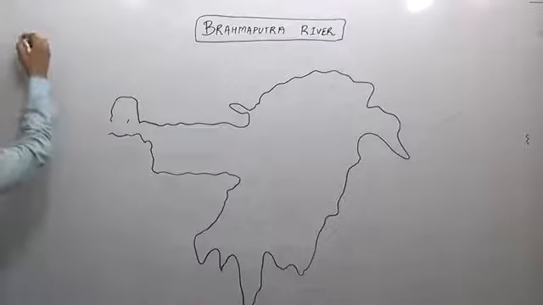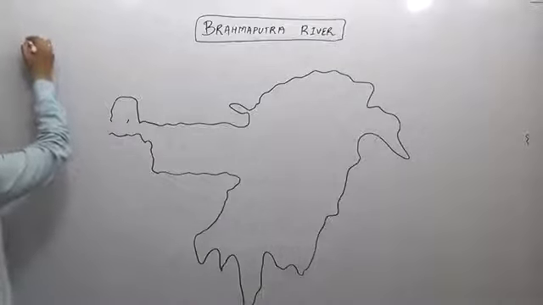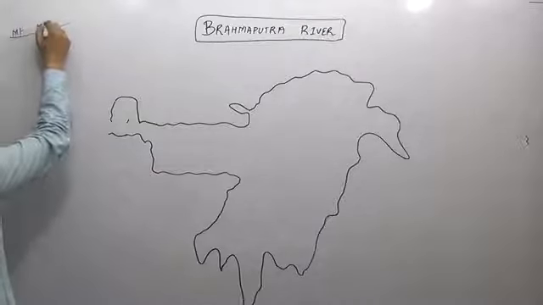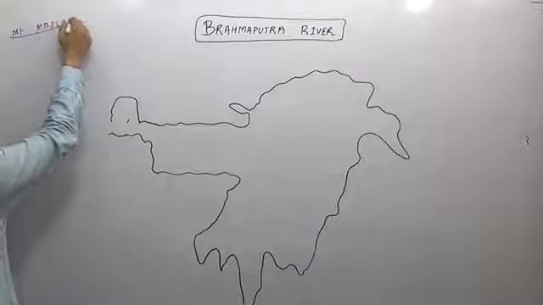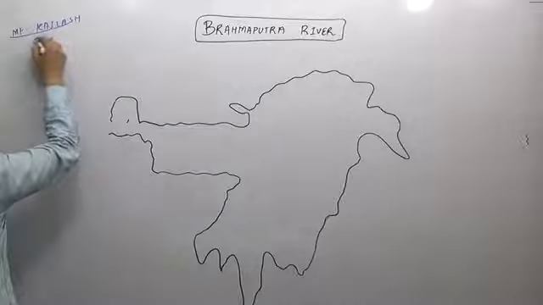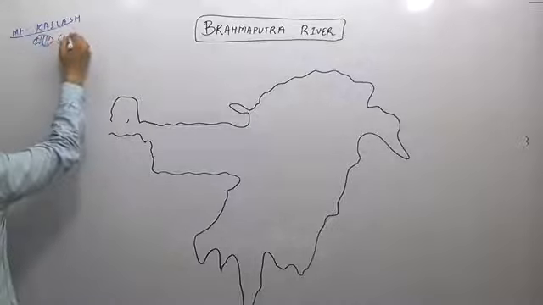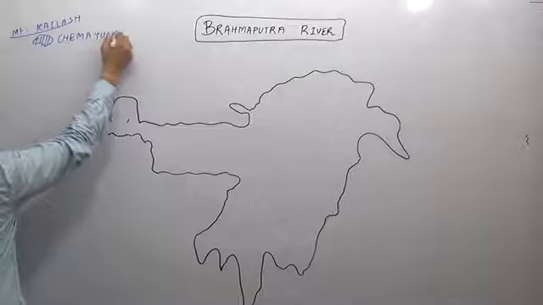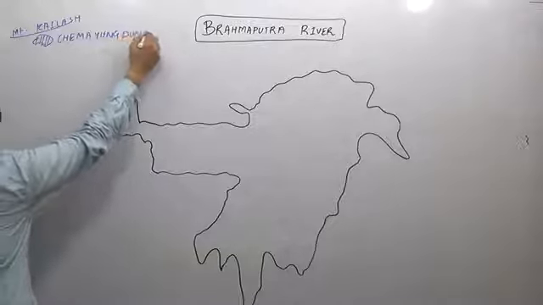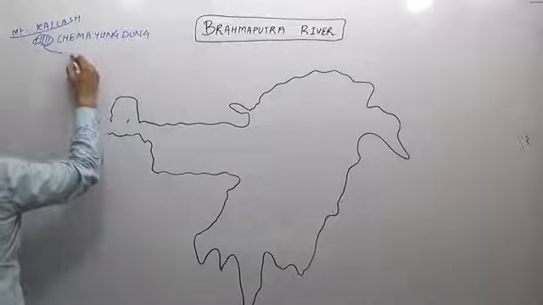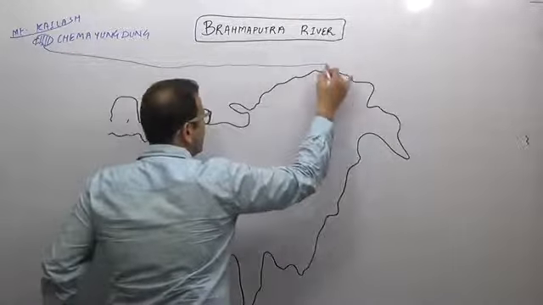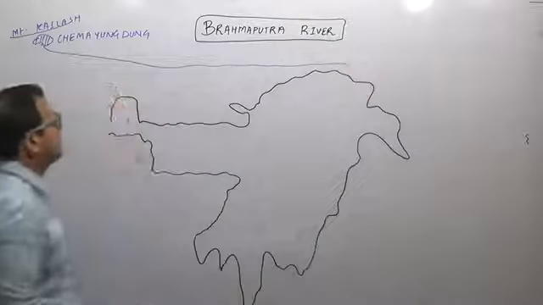Now if you look at it, the Brahmaputra river originates from the Chemayungdung glacier region, from the Mount Kailash range. This is the Mount Kailash range. There is a glacier which is known as the Chemayungdung glacier. So it originates from the Chemayungdung glacier region and flows in a straight Indus-Tsangpo suture zone.